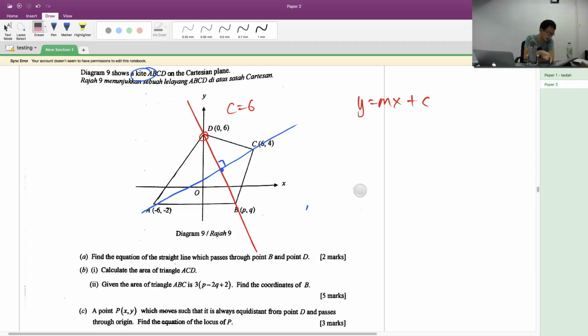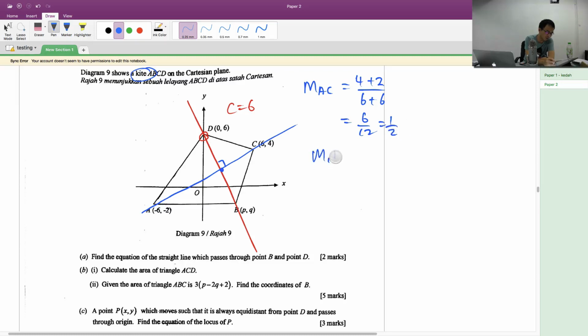Okay, this 2 mark is harder than I think. So what I will do is I will find the gradient of AC first. Because this is a kite, so I know the diagonals are perpendicular. So I will use 4 minus -2 over 6 minus negative 6. So this is just 6 over 12, the gradient is 1 over 2.